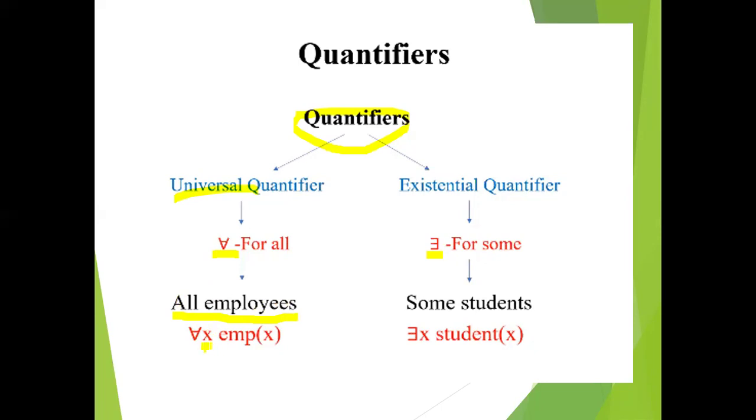X is an object, so for all X, that means for all the X in the universe, employees are converted into the relation Emp of X. X is an object belonging to all items, and that X should be an employee. If you are taking some students, X is a variable, and for some X, student is a relation. That is, some X is a student.